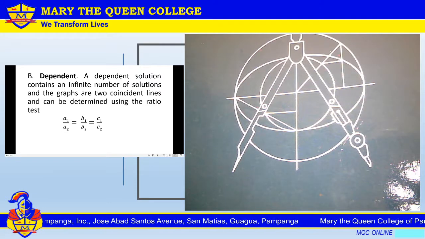By looking at our ratio test, it shows that all the constants of our linear equations are the same or equal. If we graph this type of system, we will have coincident lines. Sometimes they call them collinear lines. Okay? So this is the second type.